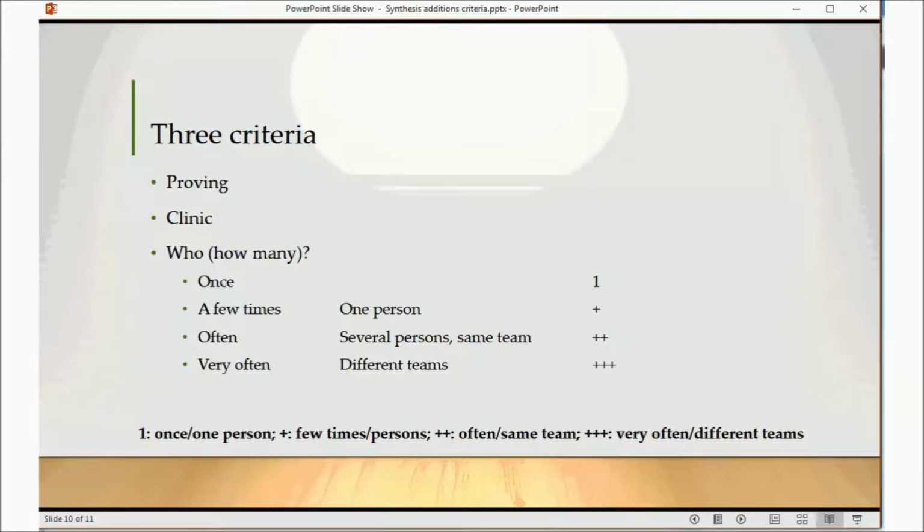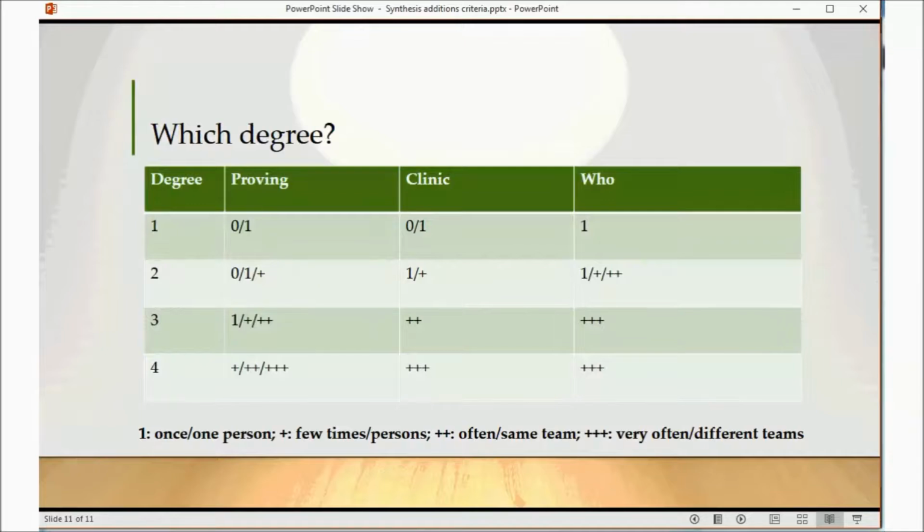Now, if we consider that these are the criteria, when we analyze all the discussions and the articles about degrees and adding or not, then we come to this table, where we have at the left the 4 degrees. And if I may ask you to first read the upper row, there is one person. Of course, it has to be at least one person who has observed either one cure or one proving with the symptom. And then we can enter it in the first degree. Okay.